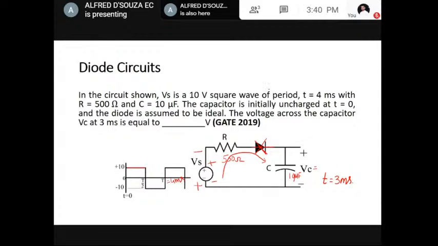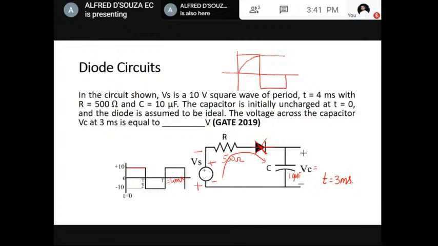So the scenario is something like this. This is the input. Okay, so the capacitor charges during the positive half cycle, it charges slowly. And the moment the negative half cycle comes, it is going to hold this value.